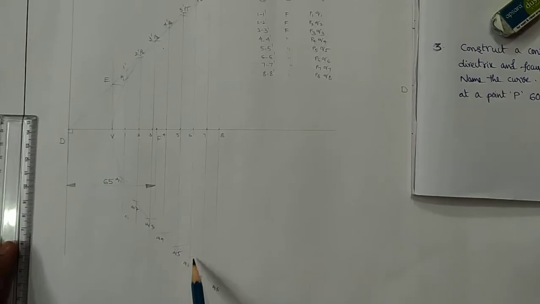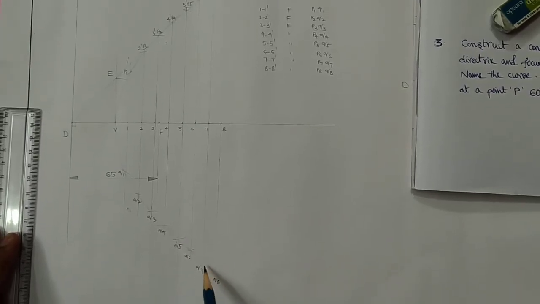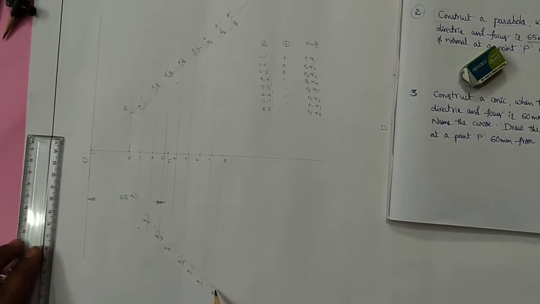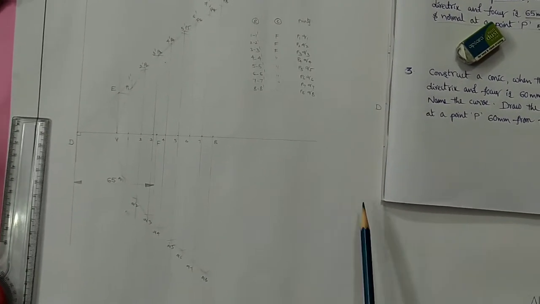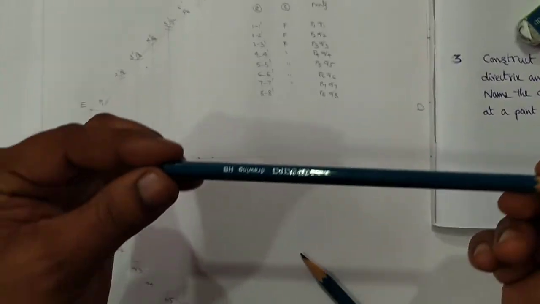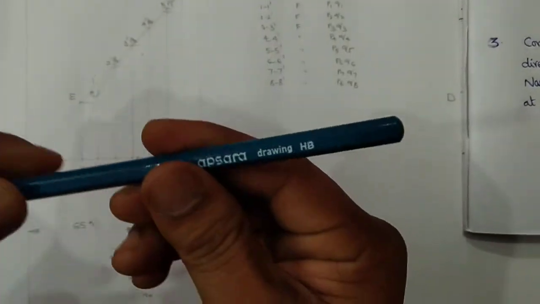So in this way we can join all the points with a 2H pencil, so that here we got the guided curve. On that guided curve, with the help of an HB pencil, I can construct the parabola. So I am using an HB pencil.